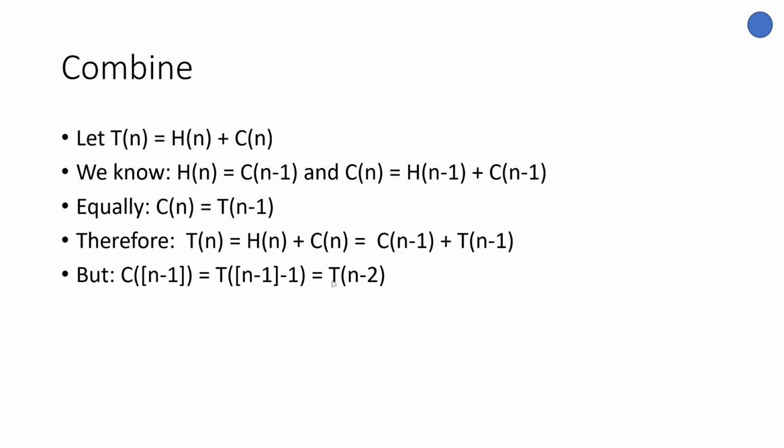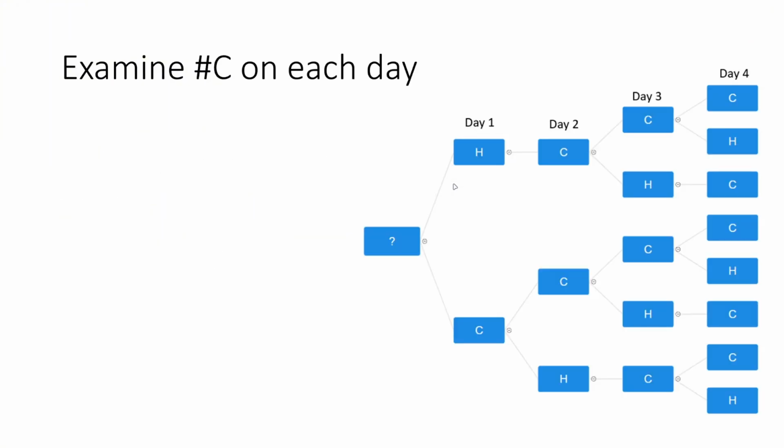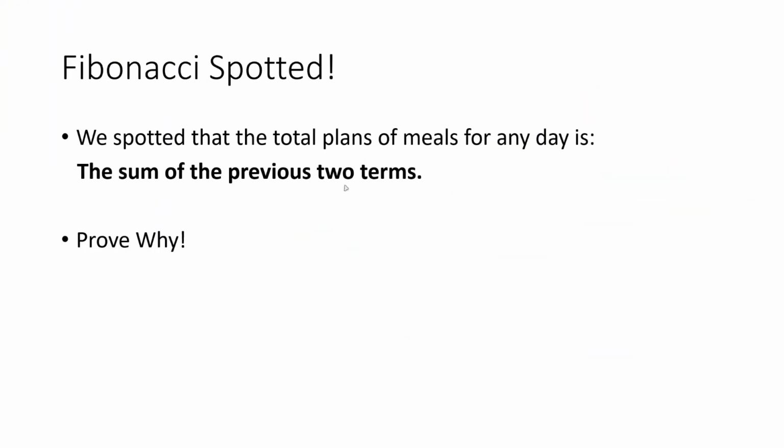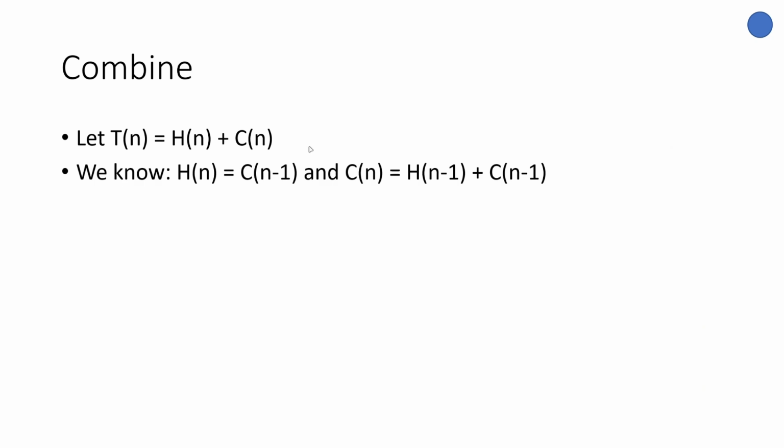And now we can put this t of n minus 2 in place of the c of n minus 1 here to get a final definition of t of n equals t of n minus 1 plus t of n minus 2. And this is just a formal way of saying the total plants on the nth day is the sum of the total plants on the 2 days before it. And that is the same assertion we made over here. So that's the explanation on why this is a Fibonacci sequence.